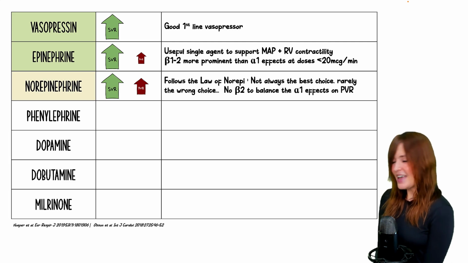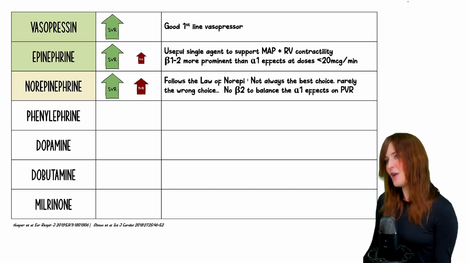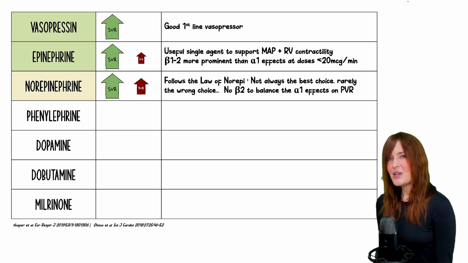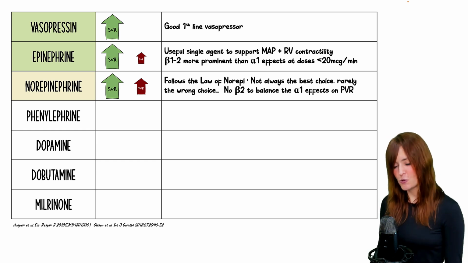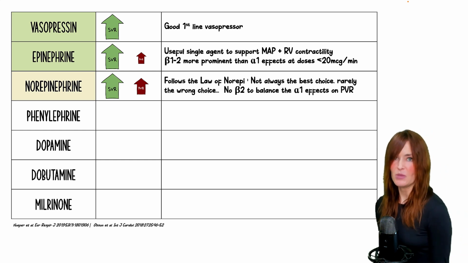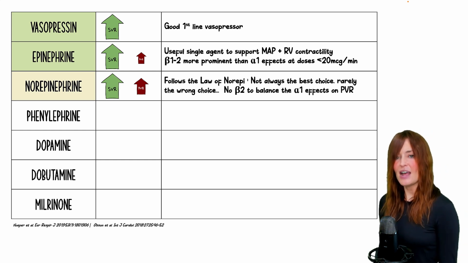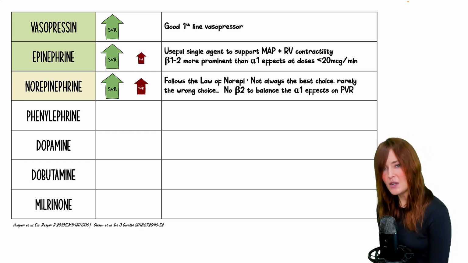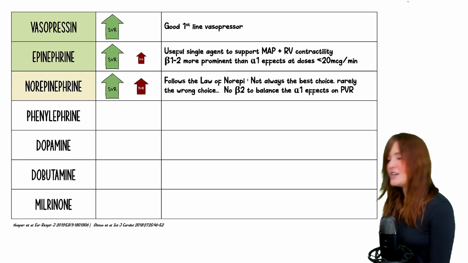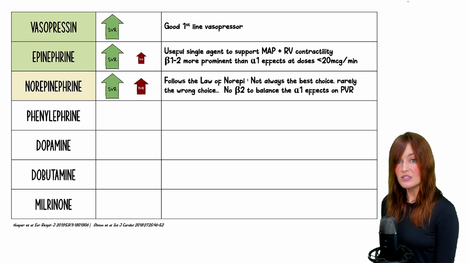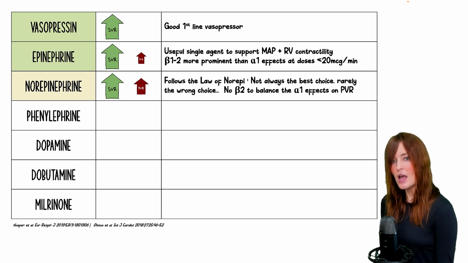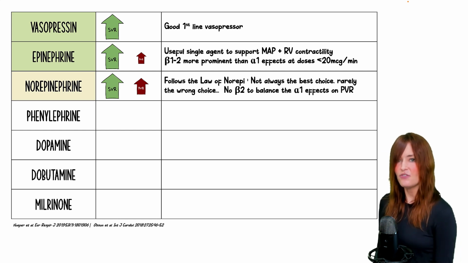Norepi, as always, follows the law of norepi, which is it's not always the best choice, but it's rarely the wrong choice. So the difference between norepi and epi is that norepi doesn't have that beta 2 to balance out that alpha 1, so you're going to get a more increase in your pulmonary vascular resistance than you would with epi and certainly with vaso, but it's still a relatively favorable profile.